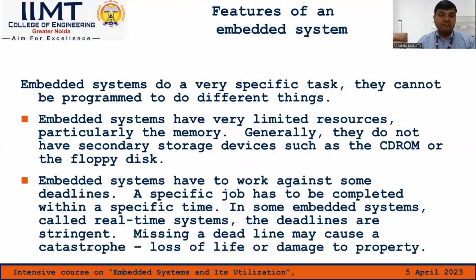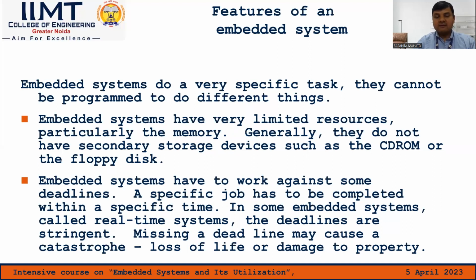Now, features of an embedded system. We have been studying the embedded system. An embedded system is meant for a very specific task, though it can be programmed to do different things. Embedded systems have very limited resources, particularly memory, since they are meant for a very specific task.